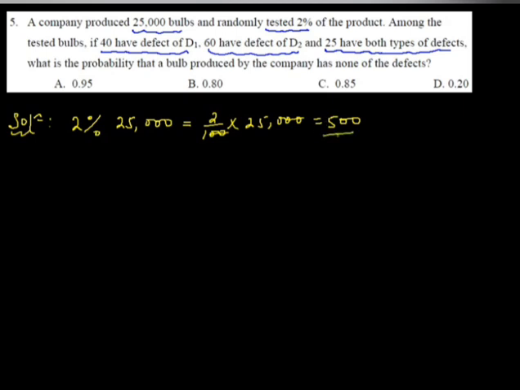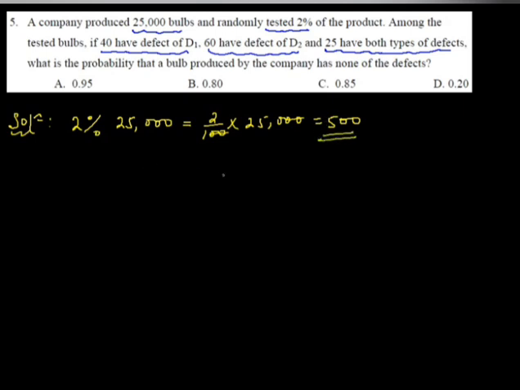So let us first find how much of this product is tested. 2% of 25,000 is how much? That means 2 over 100 times 25,000, which is 500. So they just tested 500 bulbs.